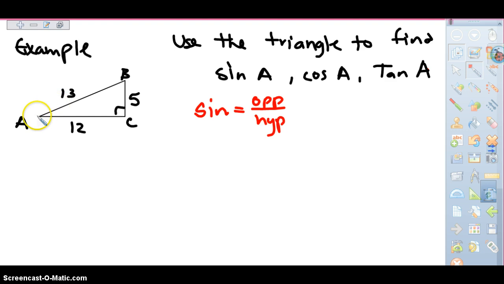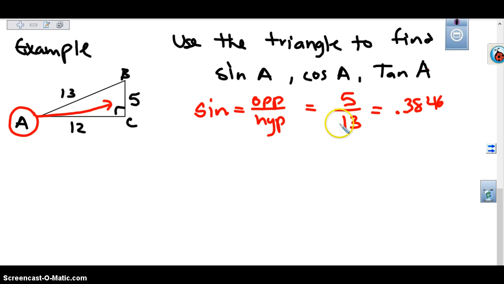So we need to find the sine of angle A. What is the side opposite of angle A? 5. What is the hypotenuse in the triangle? 13. And we can change 5 over 13 to 0.3846.